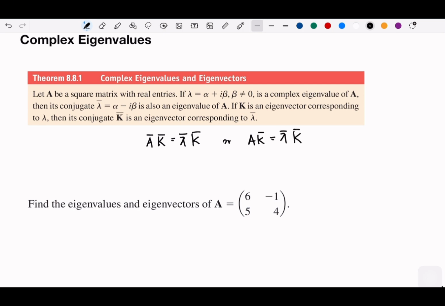This is just to state that the complex eigenvalue has a conjugate, lambda bar and lambda, and both of these make up the matrix A and matrix A bar.